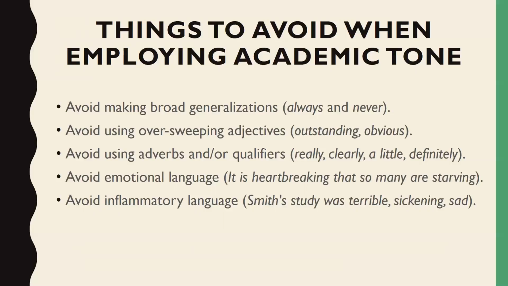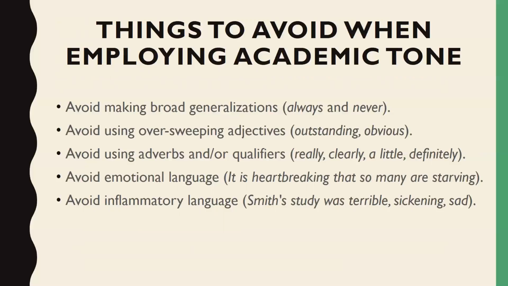Another thing, over-sweeping adjectives. So outstanding, obvious, they're really sneaky and they're really tricky, and they can creep into your writing really easily. Now, if you have a few of these that are featured in your writing and you've placed them carefully and intentionally, maybe it's not a deal breaker.